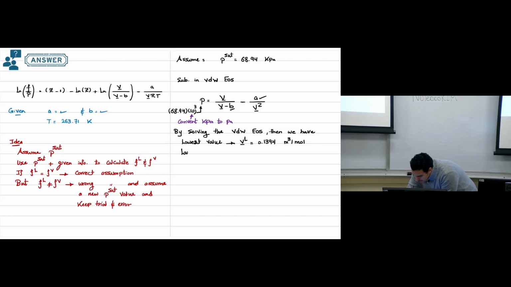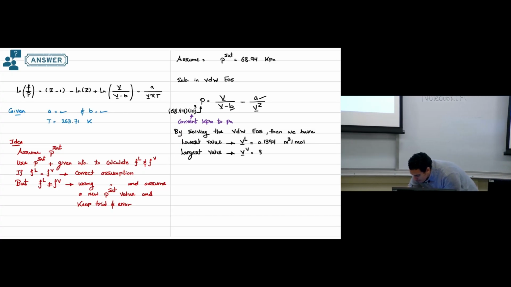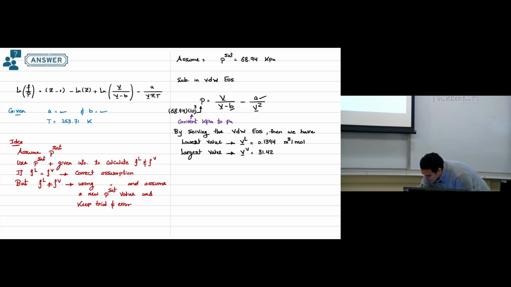The largest value will be the molar volume of vapor, and this will be 31.42 meter cube per mole.